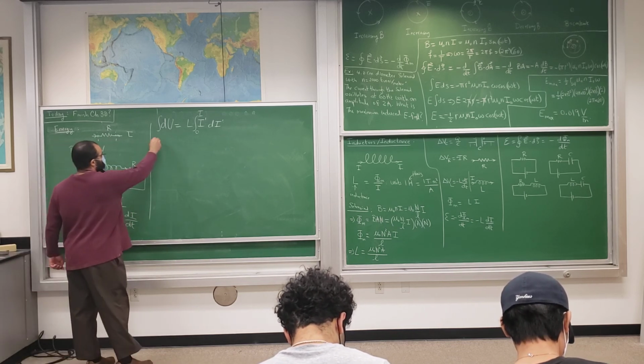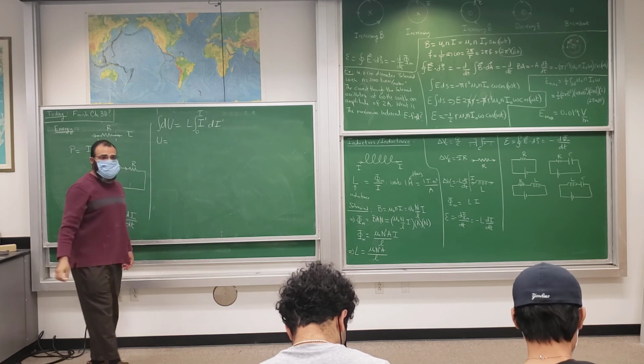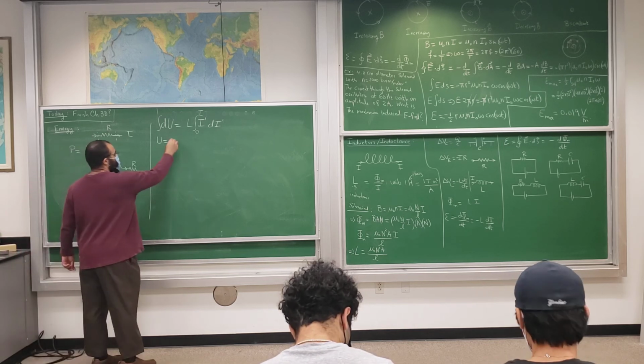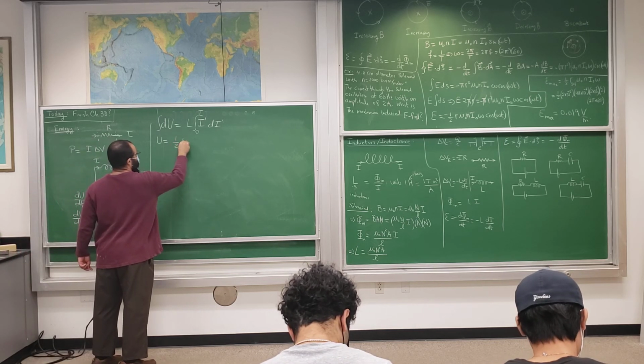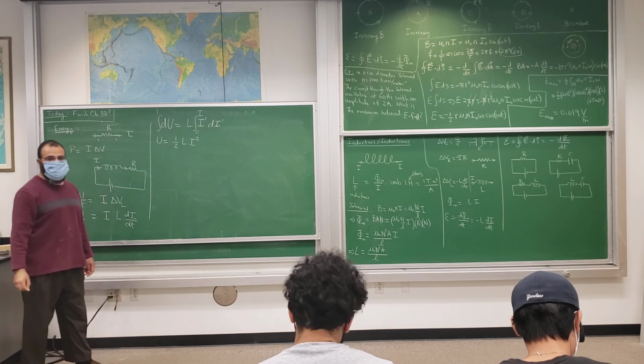So the energy stored would be U equals, what's the integral of x dx? X squared over 2. So it'll be 1/2 of L times I squared. That's the energy stored in the inductor. 1/2 Li squared.